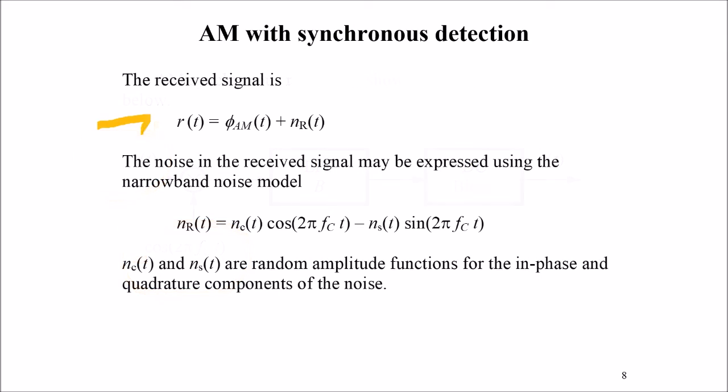The received signal is the AM signal plus the noise, and for the noise we're going to use this narrowband noise model, where we've broken the random noise into its in-phase component and its quadrature phase component.